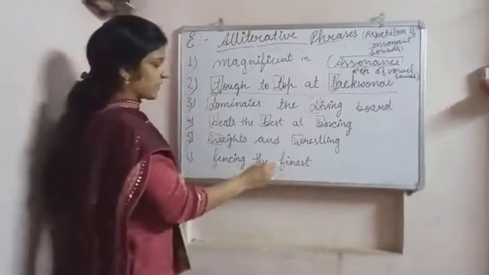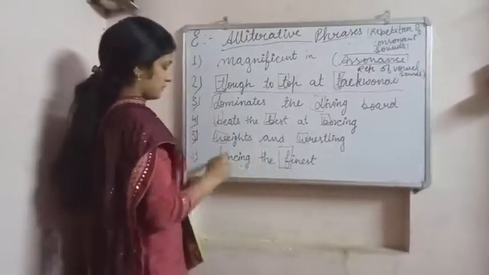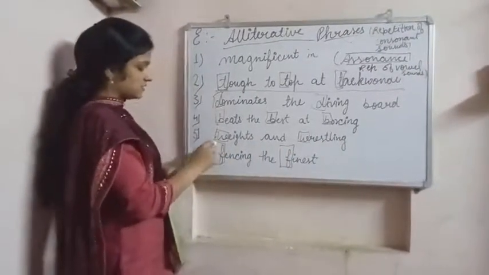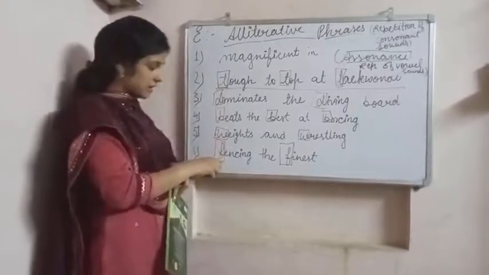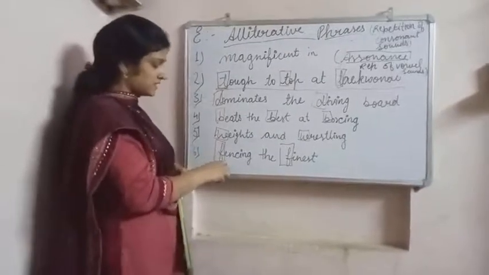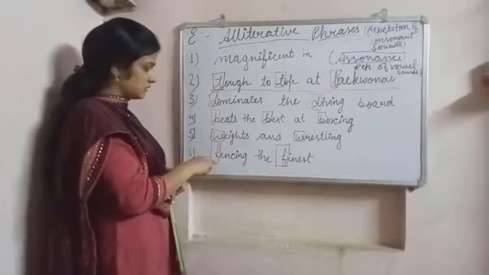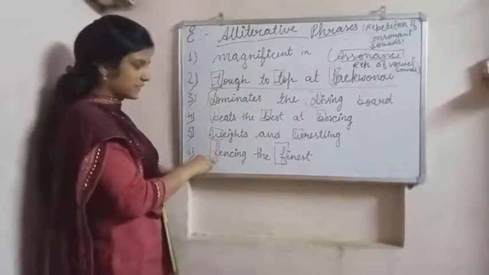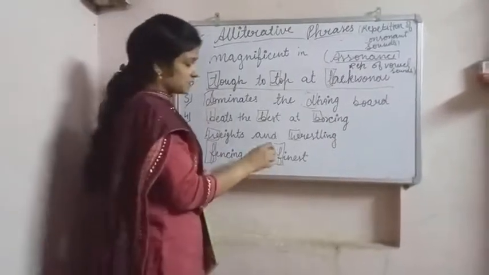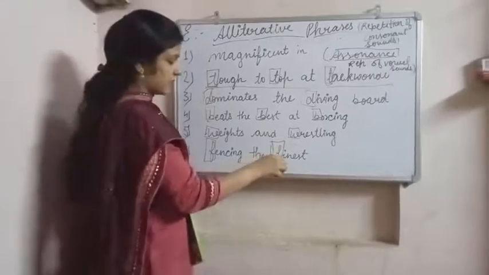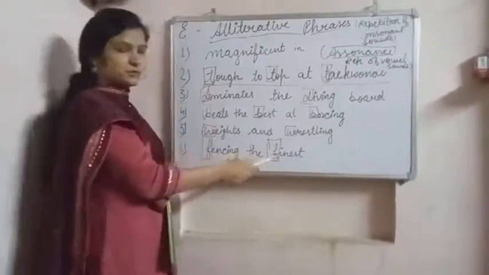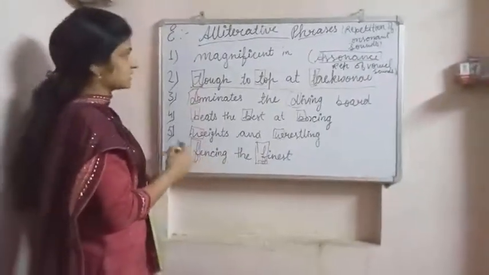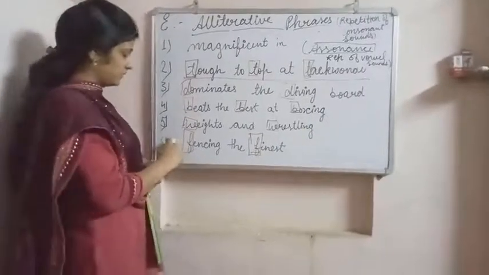And fencing the finest. Again we find here the repetition of the letter F. Fencing starts with F, and finest also starts with F. So it is again an alliterative phrase.